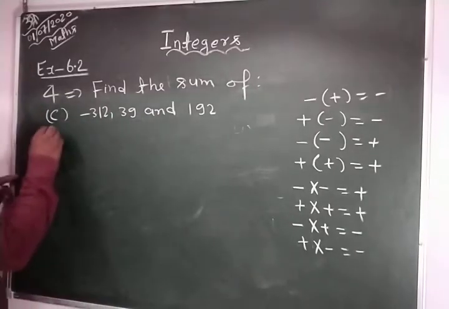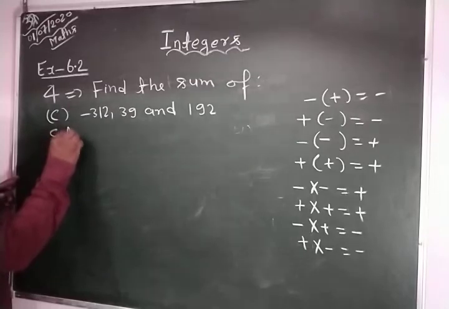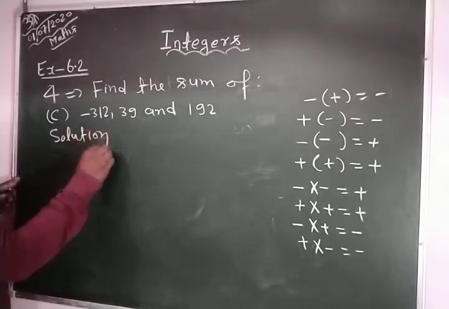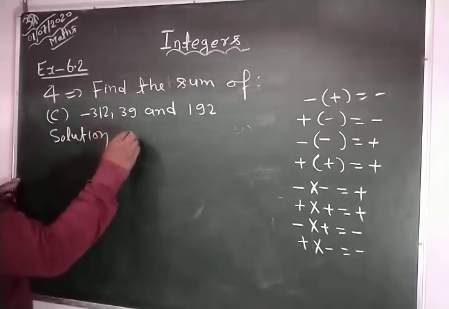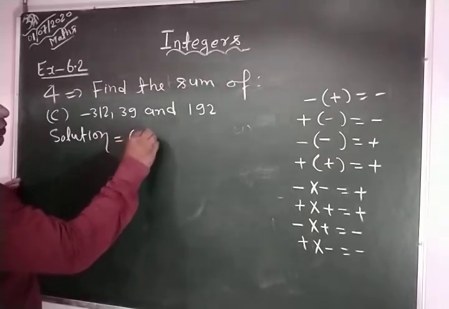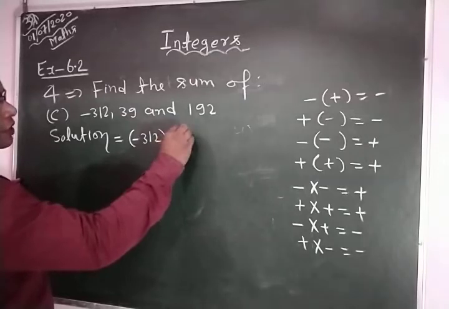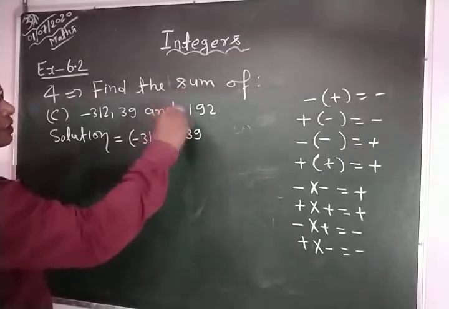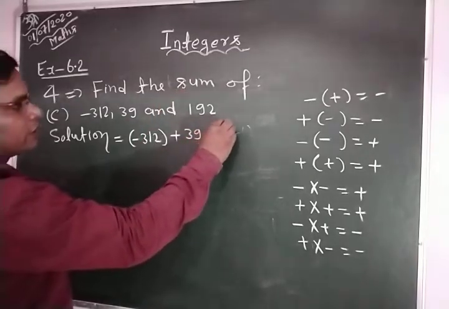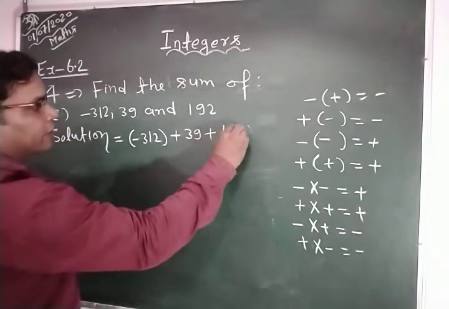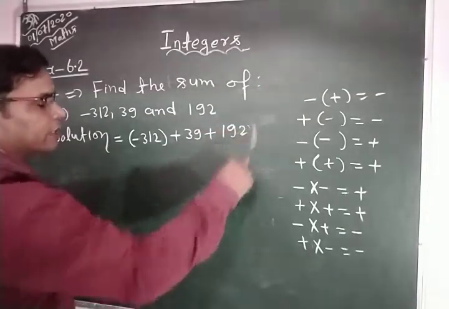So the solution is equal to, we write minus 312 plus 39 because we sum it, and also plus 192. Clear?